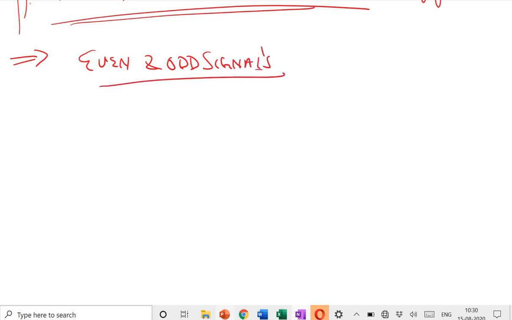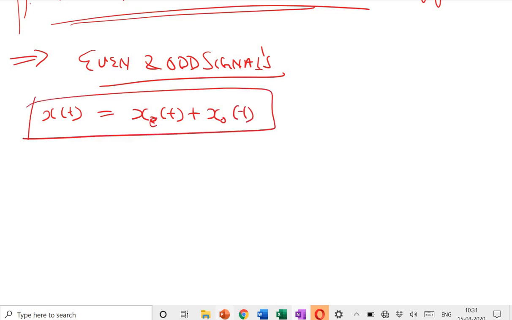Further, we'll discuss even and odd signals. Any arbitrary signal x of t can be written as a combination of an even and an odd signal.